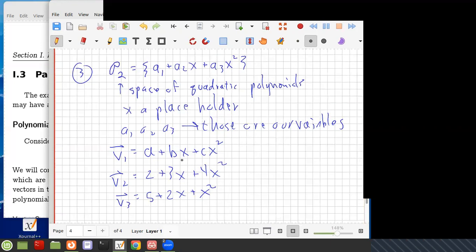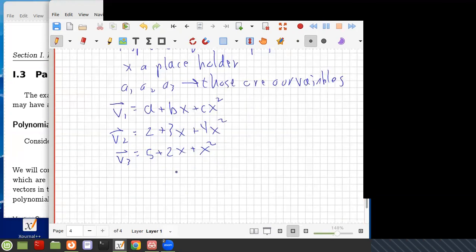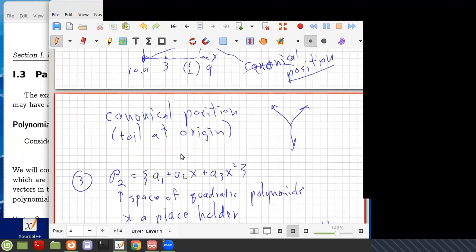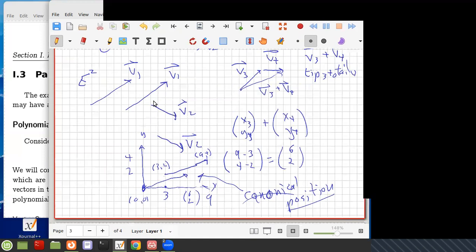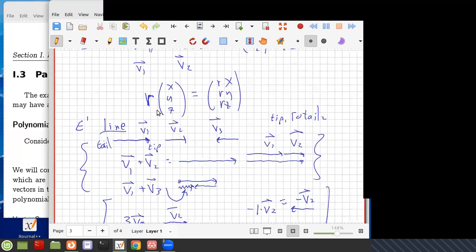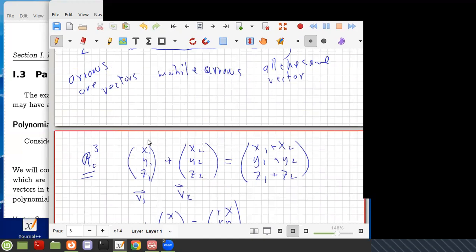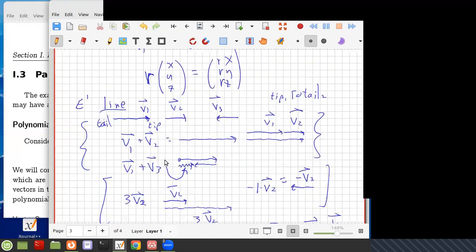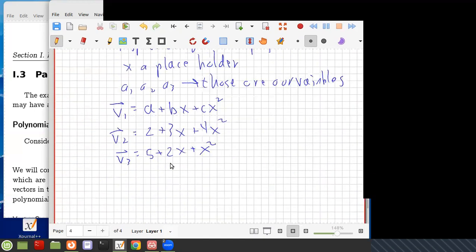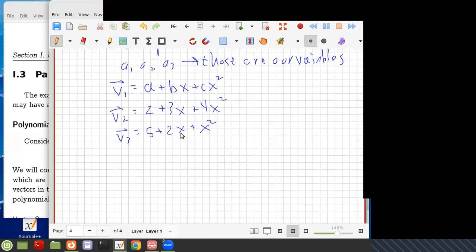We're thinking of them as functions. It was clear when these were the same vector, same length, same direction, or same numbers in the vectors. But what does it mean for these two to be the same? It doesn't mean they're the same polynomial just because they're the same for some values of x that you might put in.